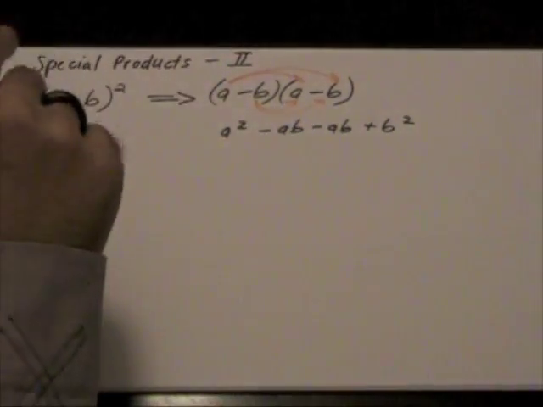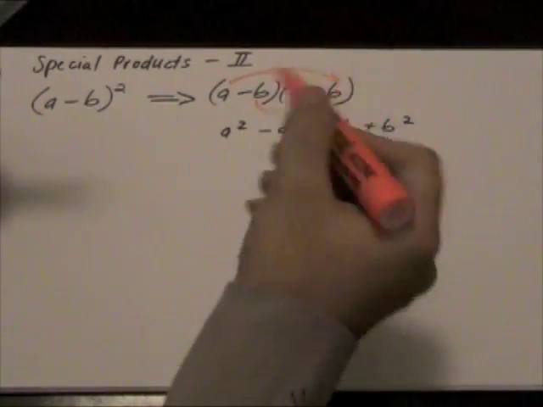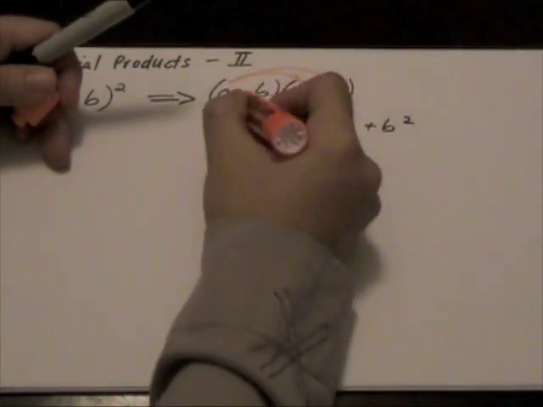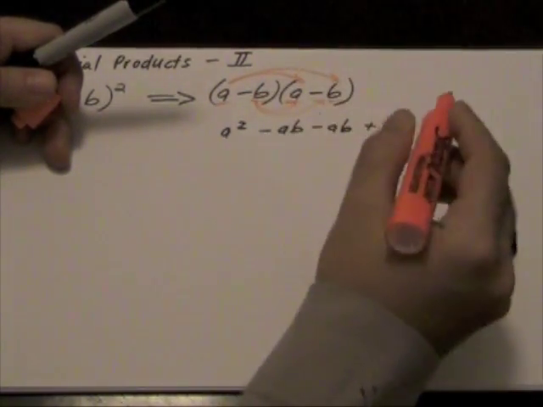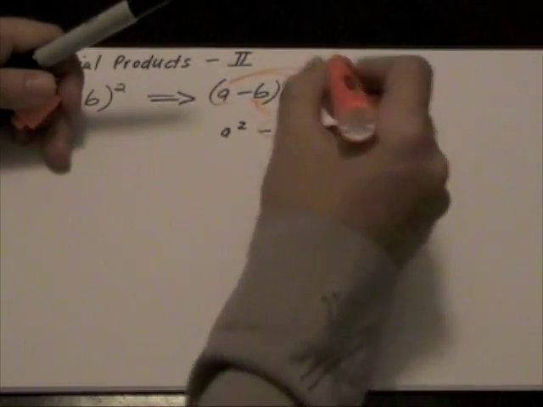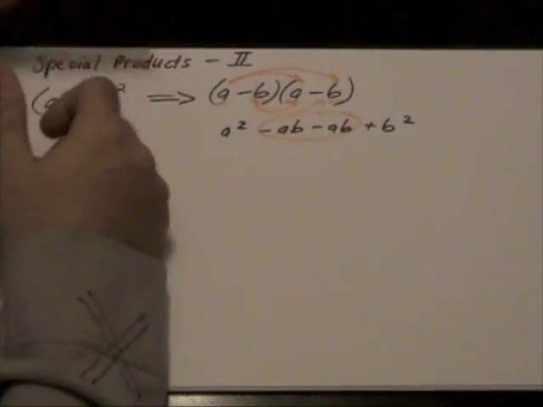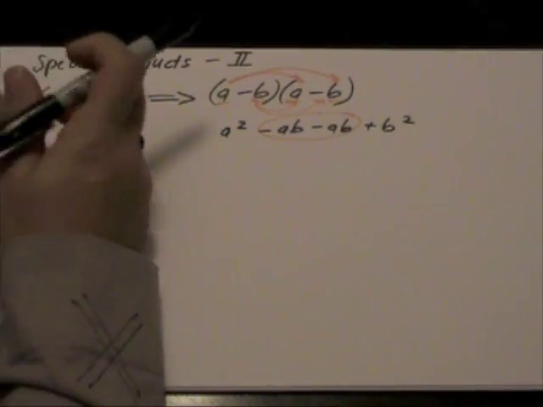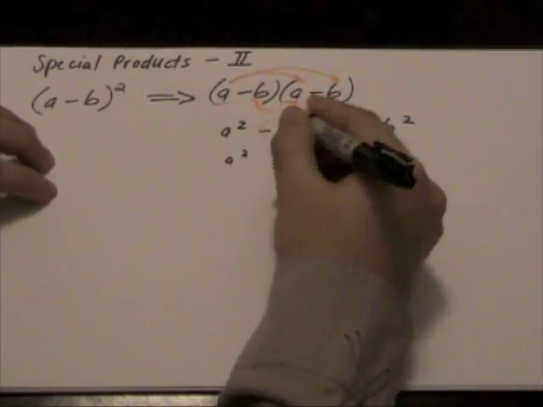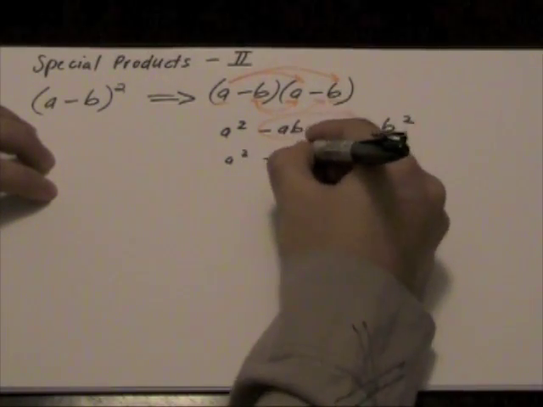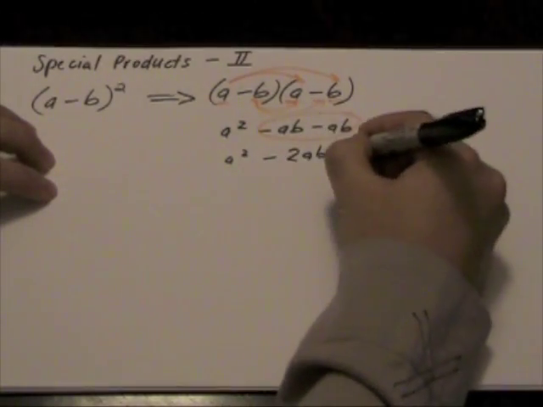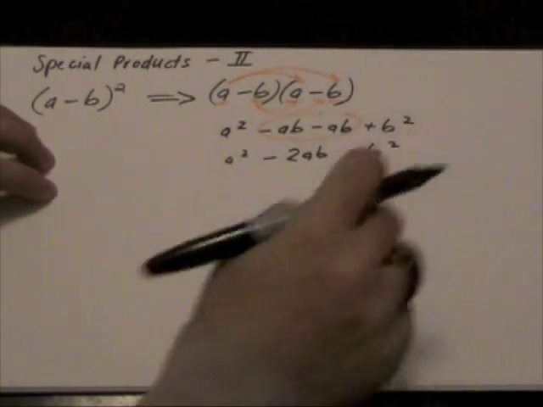And as we said, we want to collect our like terms and simplify this. Usually, if the first terms are the same type of terms and the second terms are the same type of terms, this middle term can be simplified. We will simplify this middle term as follows: A squared, negative AB minus AB will give me negative 2AB plus B squared.